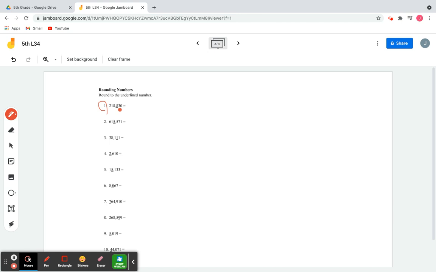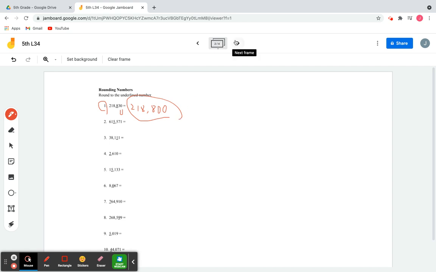And if the number is 5 or greater, like 5, 6, 7, 8, or 9, we round it up. But for this one, we have 3, and 3 is less than 5, so we're going to round it down. So this 3 and 0 are going to be zeros, and then 8 is going to just stay the same because we round it down. So the final answer will be 218,800. Okay.